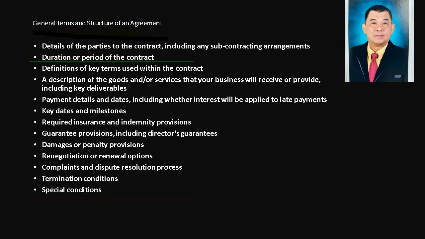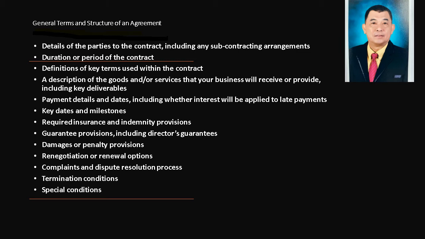Duration or period of the contract from start to end of the contract. Definition of key terms used within the contract. Examples are default, failure to pay, or mortgage. So the terminologies that are alien to both parties should be specified, especially to the buyer.